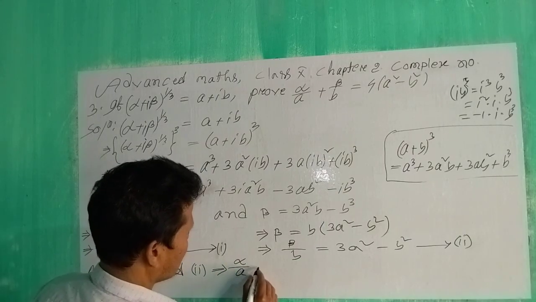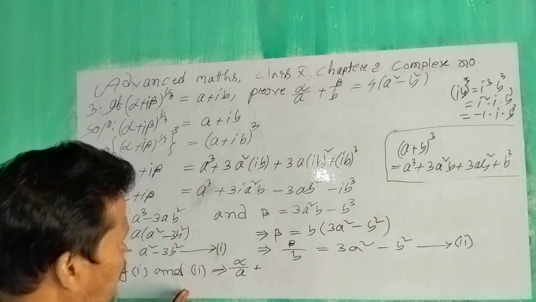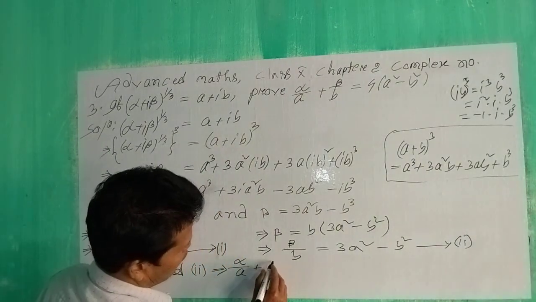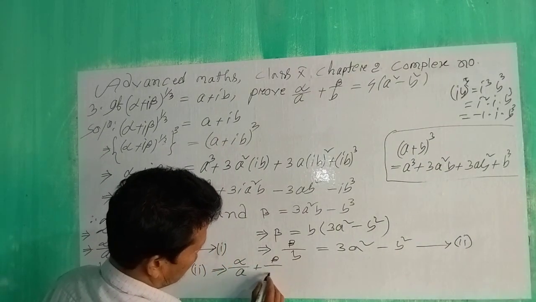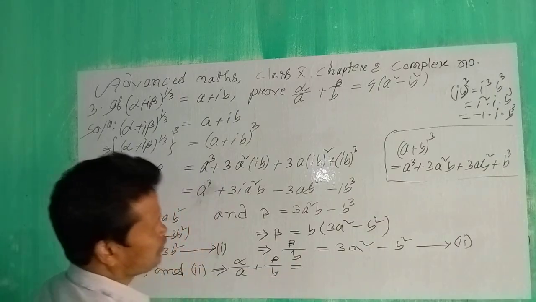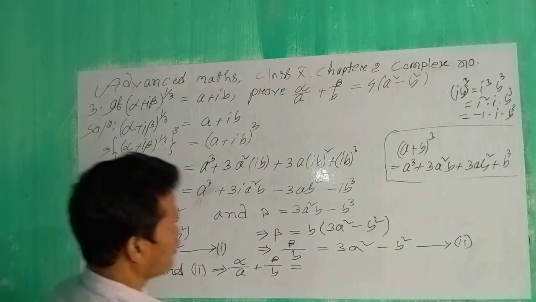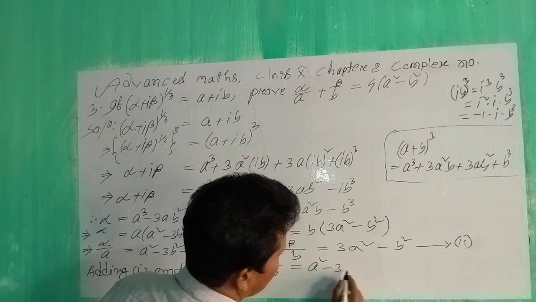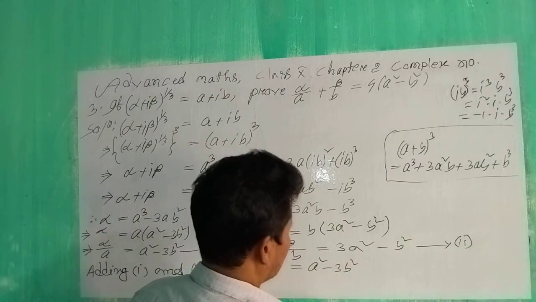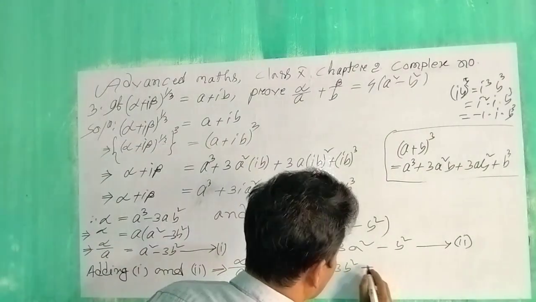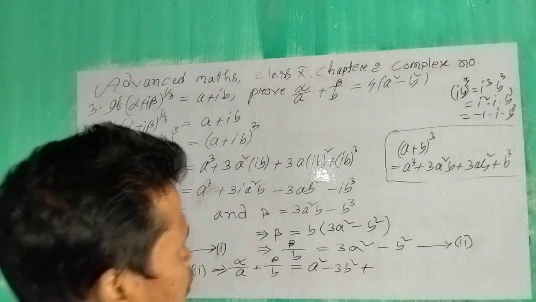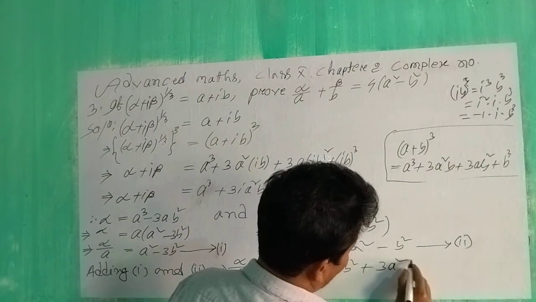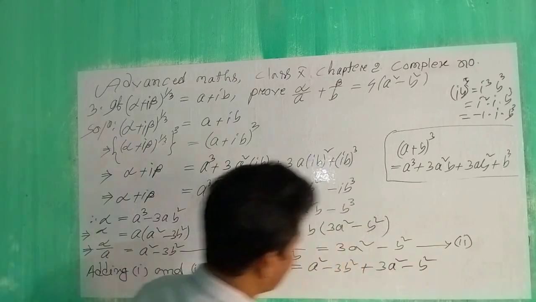Adding left side to left side and right side to right side: alpha by a plus beta by b. On the right side, equation number 1, a square minus 3b square, plus 3a square minus b square.